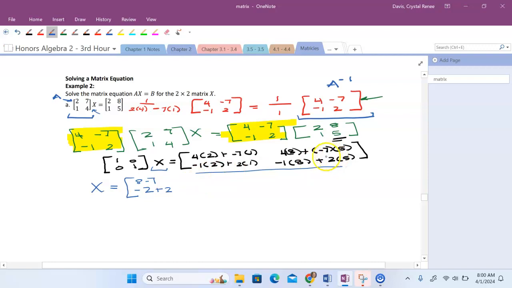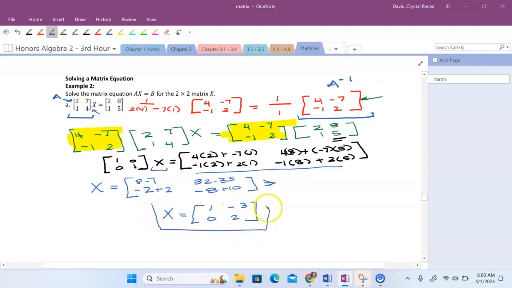This is 32 minus 35. And this is -8 plus 10. Okay, so if I go a step further, I would get my X matrix equals +1, 0, -3, and +2. And here then is my answer.